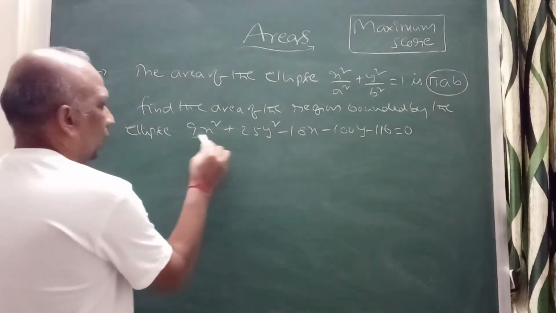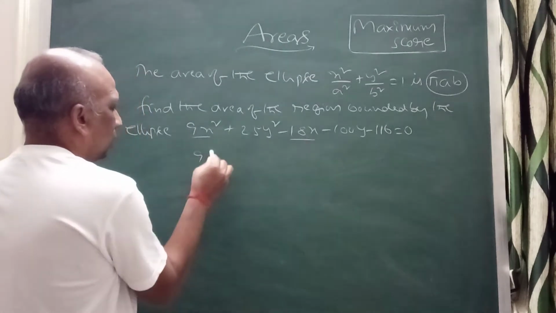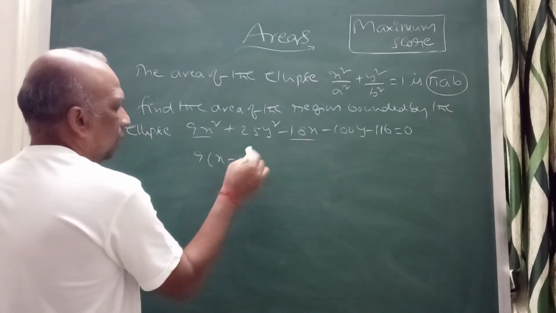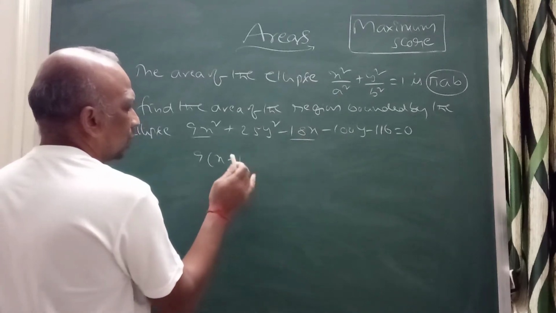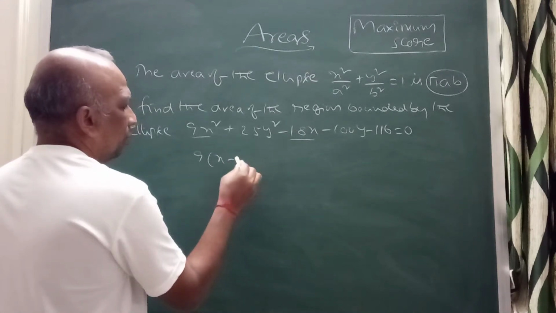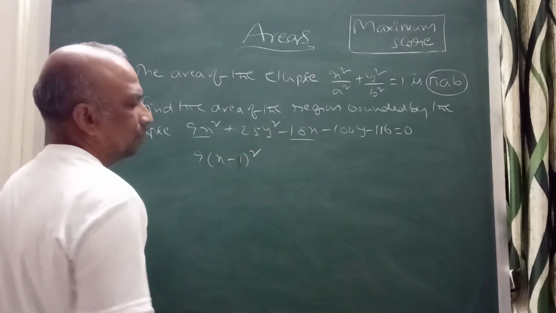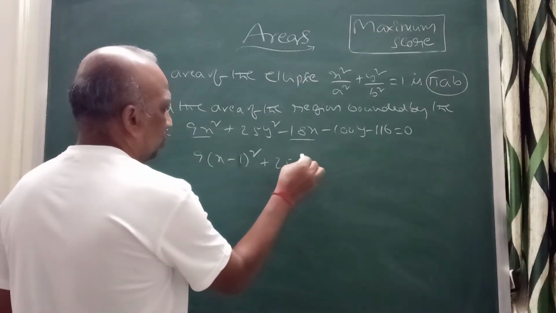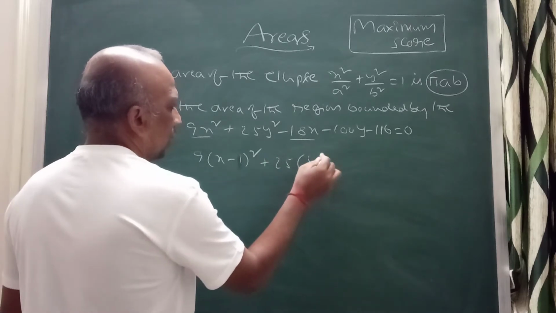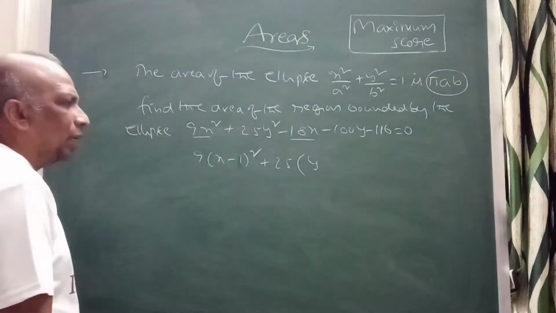So 9x square minus 18x means 9 into x minus 1. I can write x minus 1 whole square if I take 9 common, plus 25 y square minus 100y.